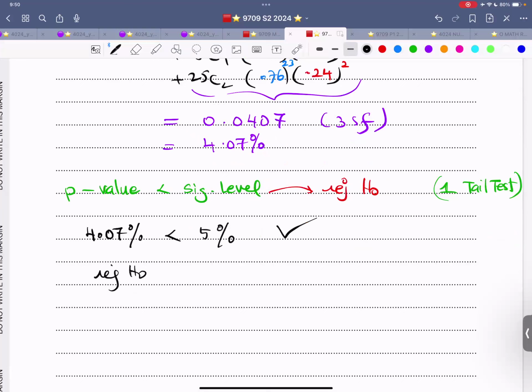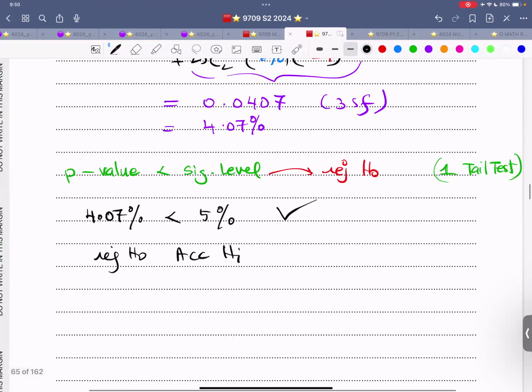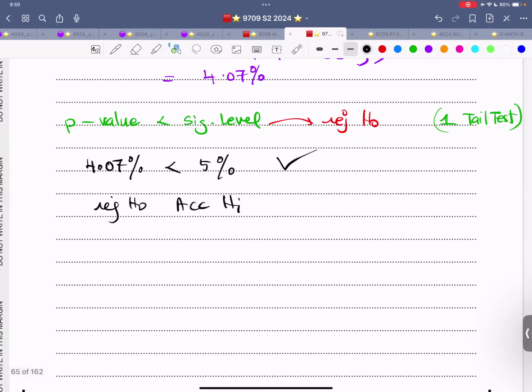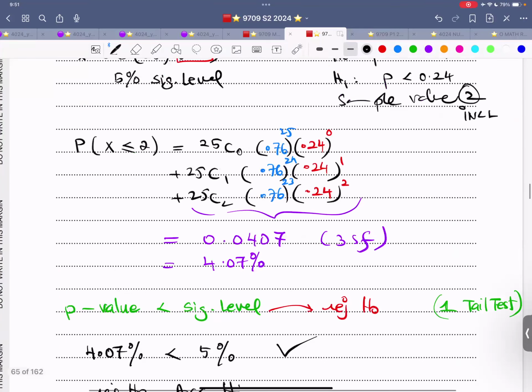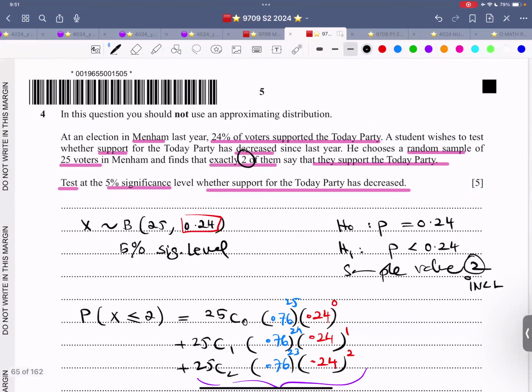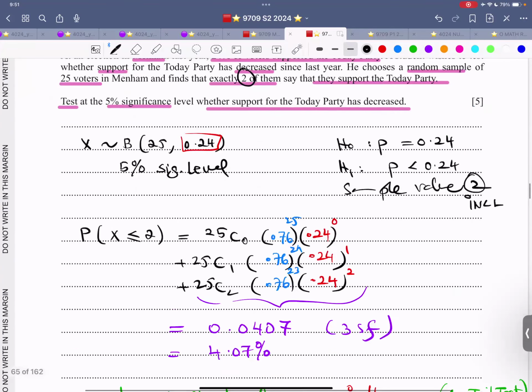Therefore, reject H naught, accept H1, and now come the golden words that you have to write in order to gain marks from the examiner. So therefore, I'll write, there is sufficient evidence at 5% significance level to accept that the Tea party support has decreased.